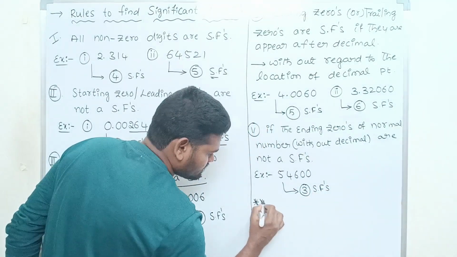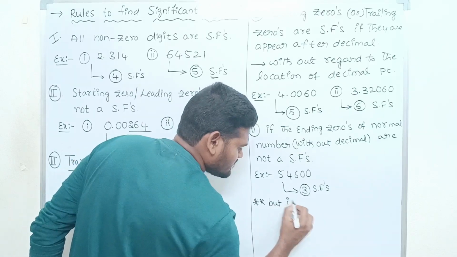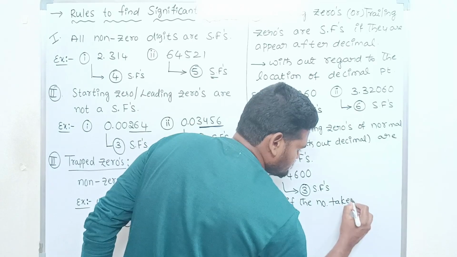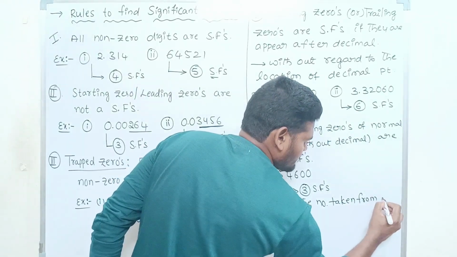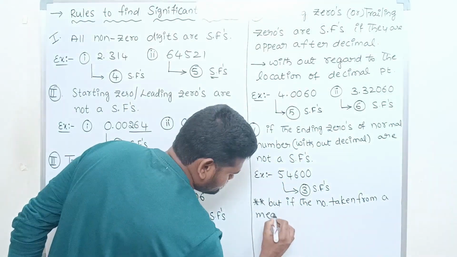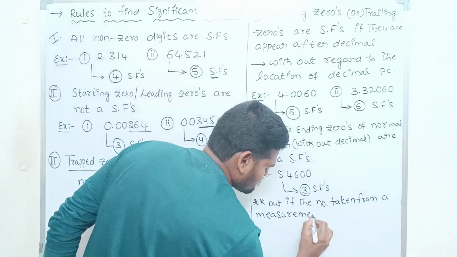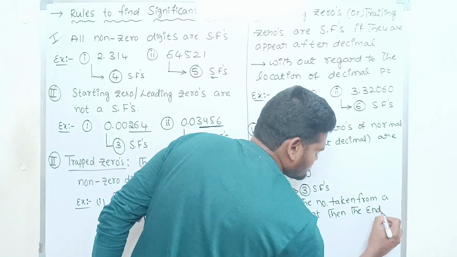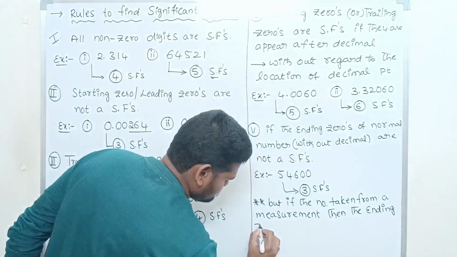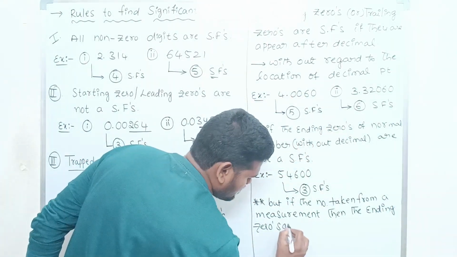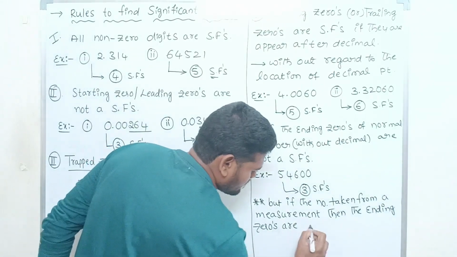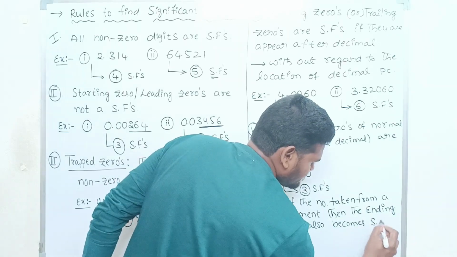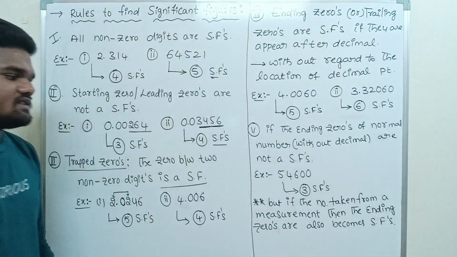But if the number is taken from a measurement, then the ending zeros also become significant figures.